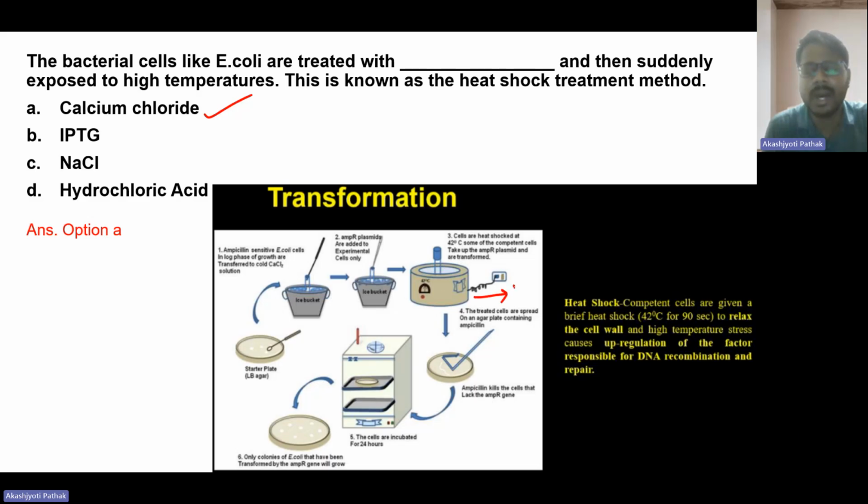So you again place it on ice for 5 minutes. And after that, you keep this bacteria in a recovery media. So if it is 100 microliter competent cells, then you add around 900 microliter of LB media, and you incubate at 37 degrees Celsius.